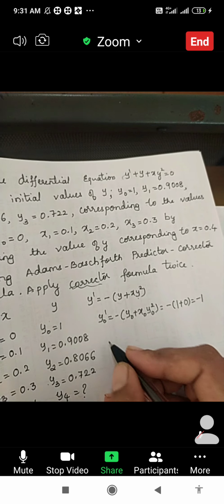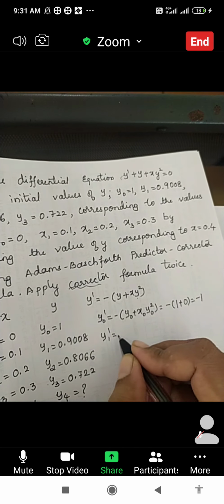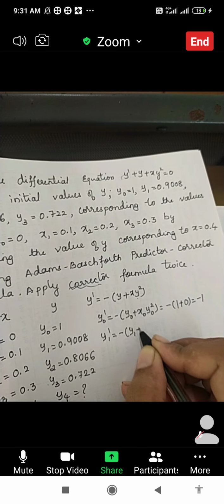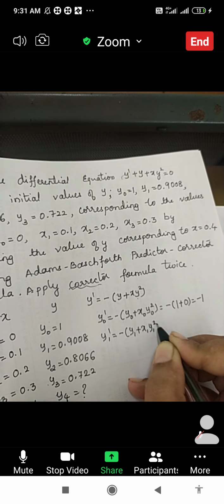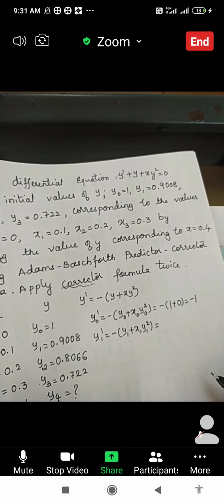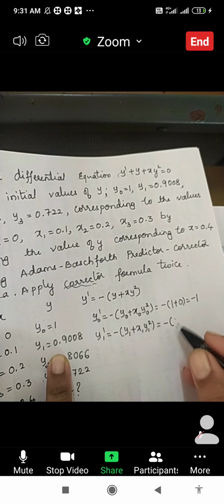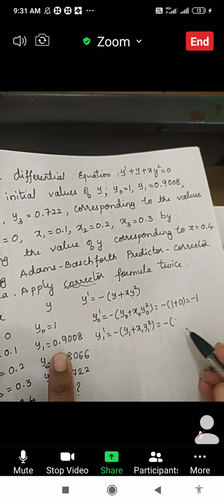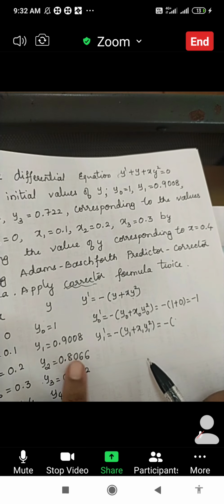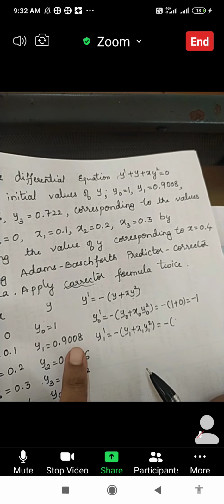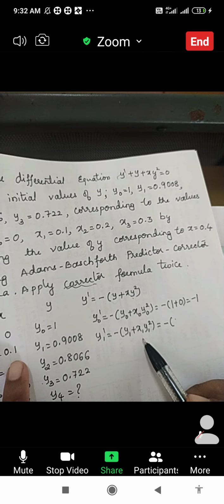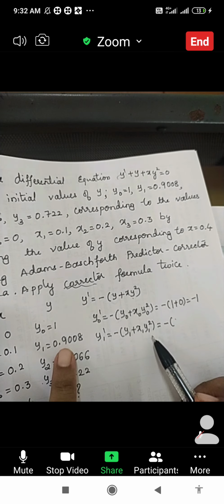Next is y1 dash is defined as minus y1 plus x1 into y1 square. Minus y1 is, you know how to substitute, because space is less, so I'm not writing, that's all. 0.9008 plus 0.1 into 0.9008 the whole square.